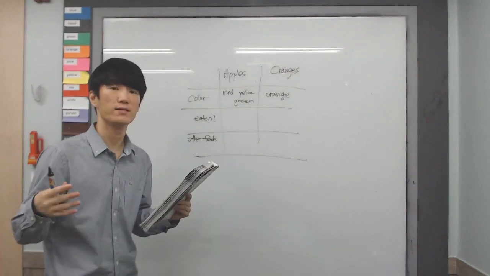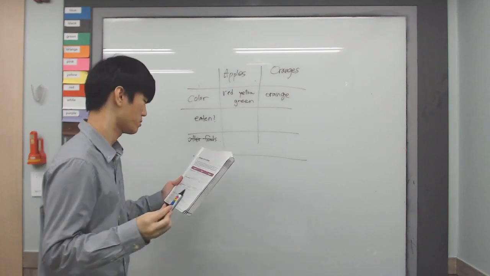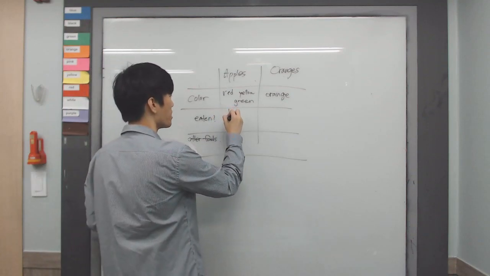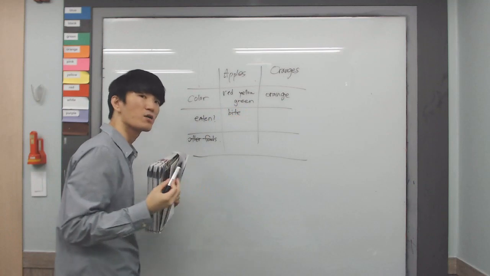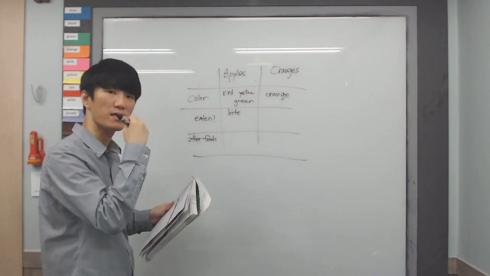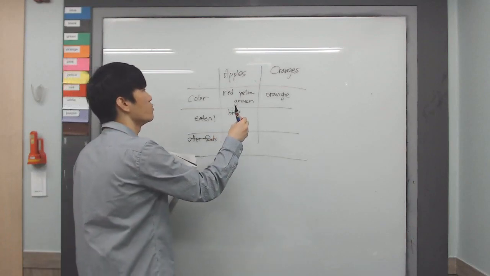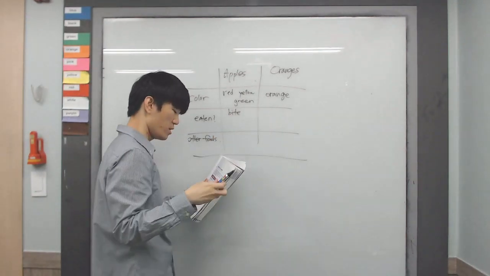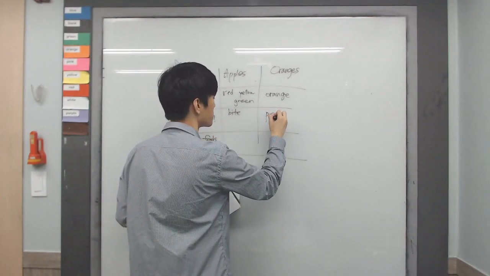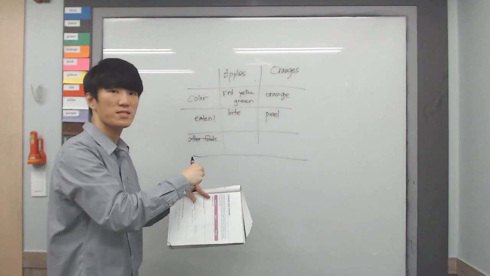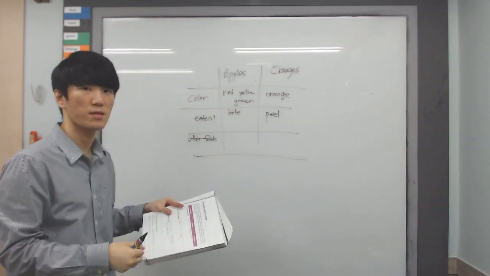And how can they be eaten? So how can you eat apple and orange? We can just eat it right away. We don't have to peel it. But when it comes to orange, we have to peel it. Take off the skin with knife or something.